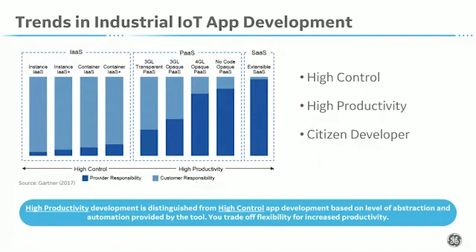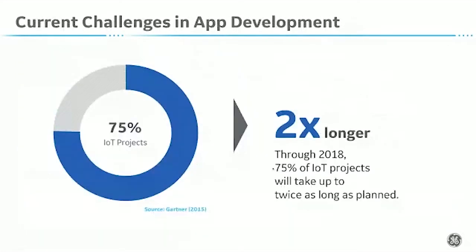So why do we care about all of this? Why should you use a high productivity app like Predix Studio even? The thing is that one application to address them all isn't feasible. The market is moving too quickly and there are a lot of challenges right now. And Gartner showed a couple of years ago, and this still remains true, that something like 75% of IoT projects are taking twice as long as they should.